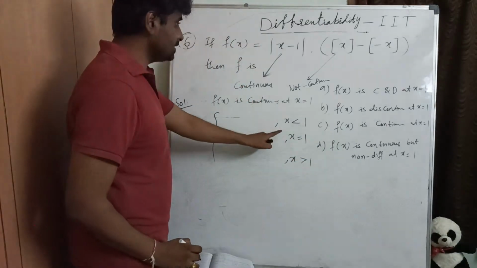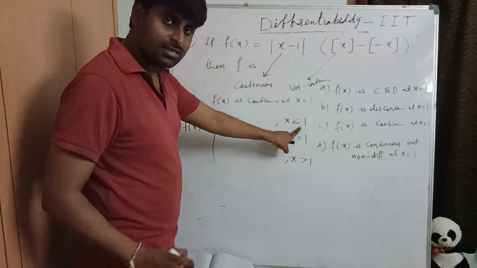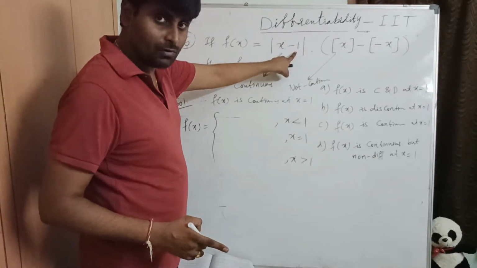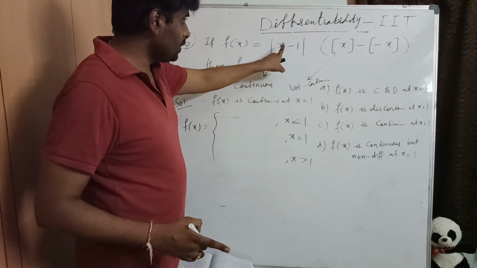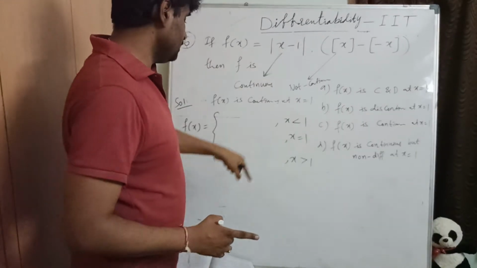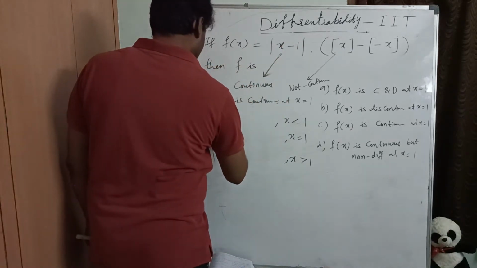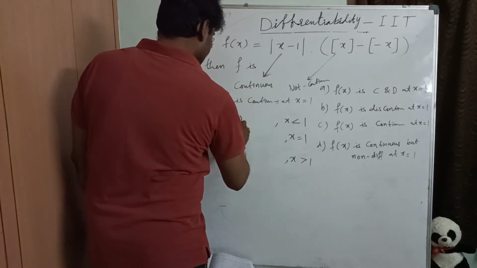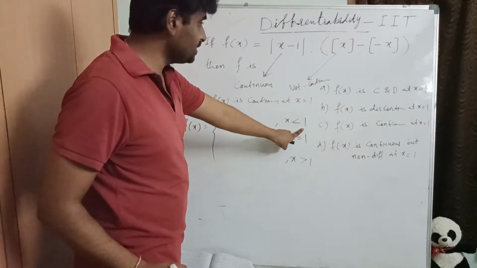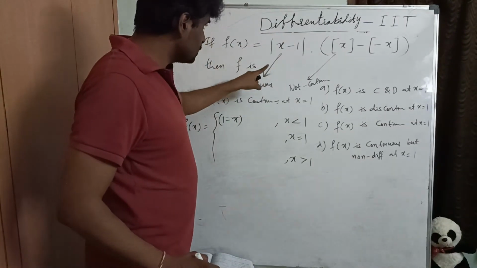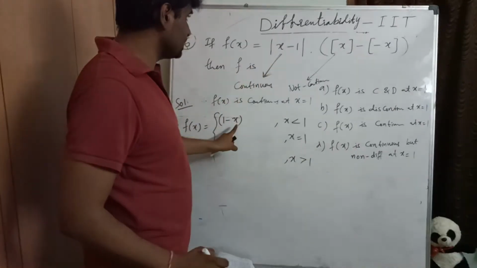Clear? X is less than 1. X less than 1 means 0 point change. So 0 point change minus 1, negative or not? Okay, so what can we write? Minus of x minus 1. So 1 minus x I can write. Clear? So below 1 means 0 point change. 0 point change minus 1, negative. Negative means minus of this term. So minus of x minus 1, so 1 minus x.